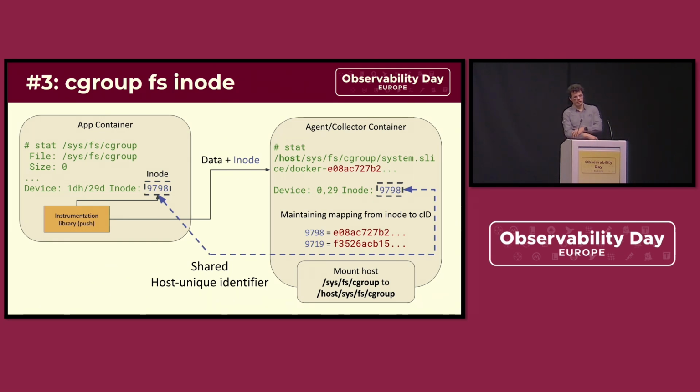So for us, this is kind of a silver bullet solution because it ticks all the boxes and it works in all environments out of the box. It requires your agent or collector to mount sysfs cgroup, but it's often already mounted because sysfs cgroup is the source of truth for all container metrics like CPU, memory, and so on. So it's less of an issue, let's say.